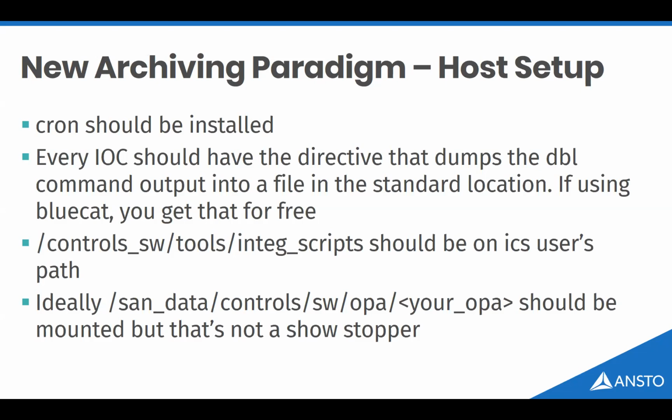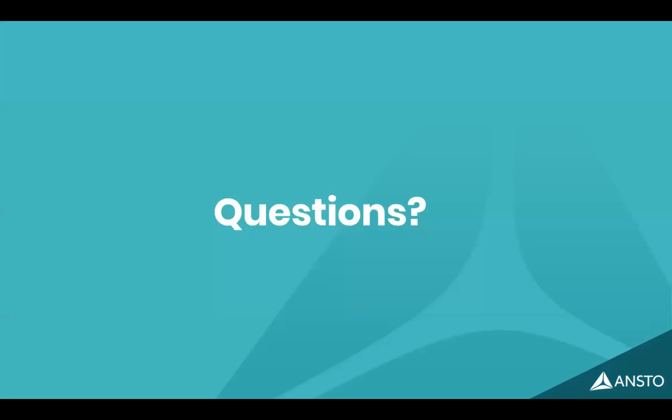The only thing you really have to pay attention to is that you have the things mounted that we're expecting to be there, and that in each IOC that's running, you have that call at the end where you basically run the DBL command in the IOC shell and save the output in the correct location. But again, we have a script that creates IOCs for you, so if you use that script, you get that for free. And that's it. Any questions?